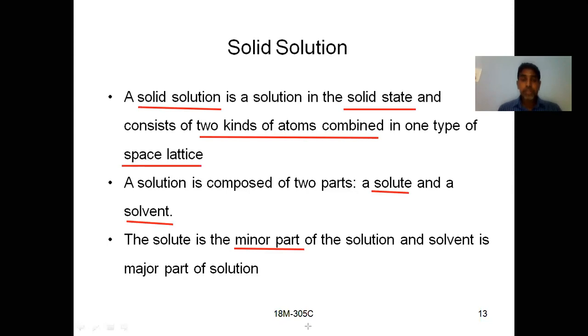So the solute is the minor part and the solvent is the major part. Here you are having two kinds of atoms, one behaving as solute and one as solvent. The solute atoms dissolve in the solvent atoms and become one type in the space lattice. That means if you observe under the microscope, they will look as one. This is regarding solid solution.